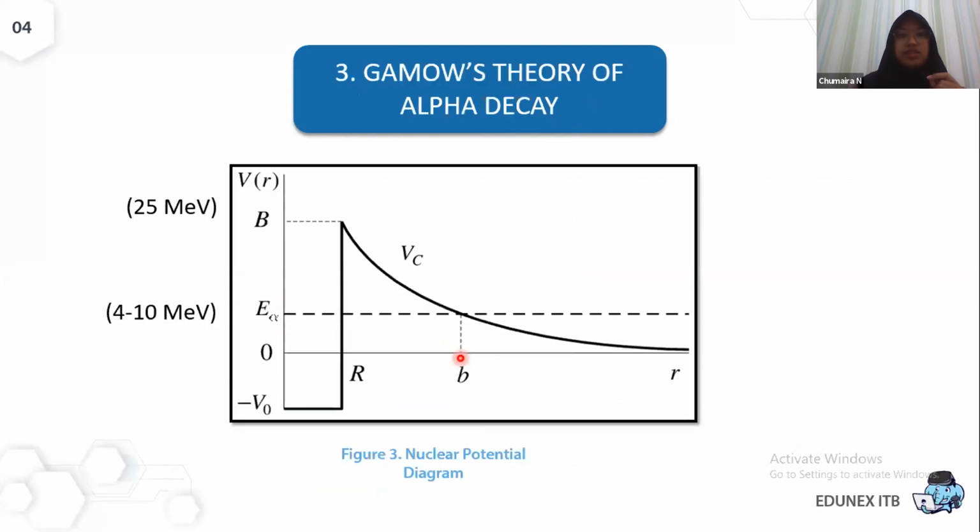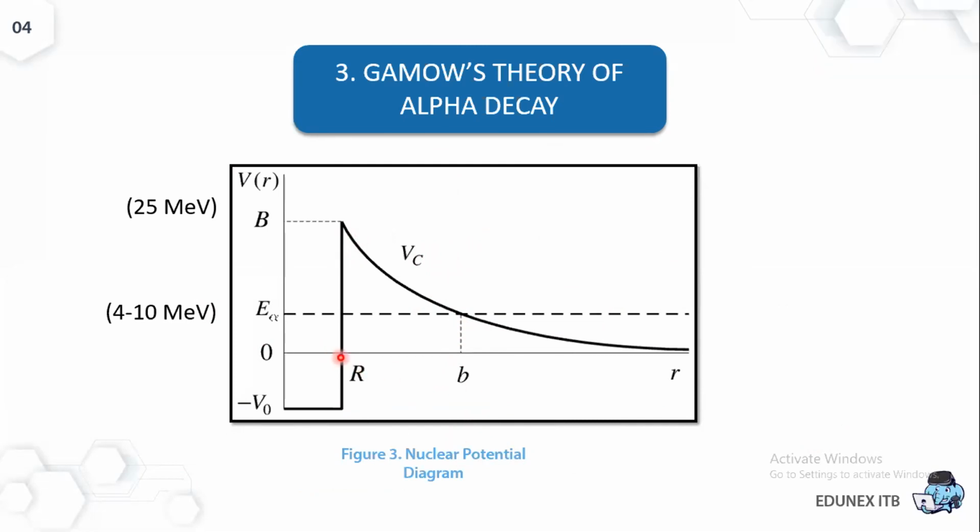Now, there is an interesting puzzle regarding the alpha decay. But first of all, we should look at the nuclear potential diagram. So what is this diagram? Basically inside a nucleus, all of the particles experience a nuclear potential due to all of the interactions inside the nucleus.